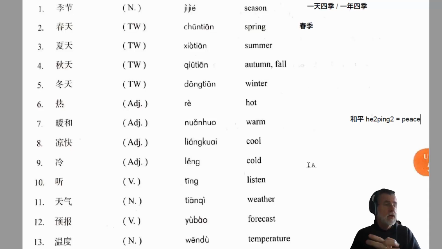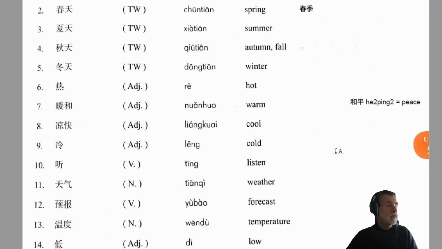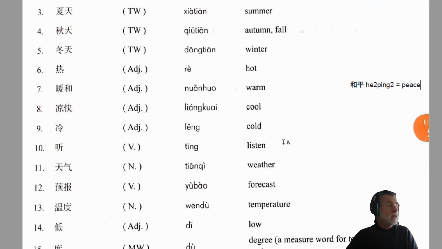But 凉快 on its own means refreshingly cool. We have the actual word for cold, 冷, and you'll notice with both the word cold, 冷, and cool, 凉快, that the first character on the left-hand side both have the same radical, which is, I think, the ice radical.